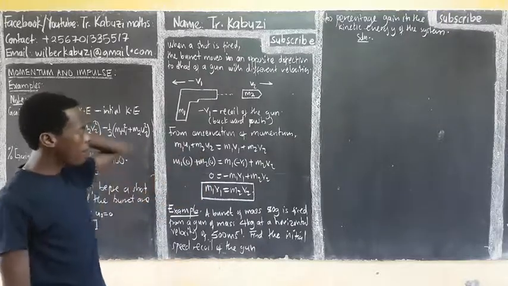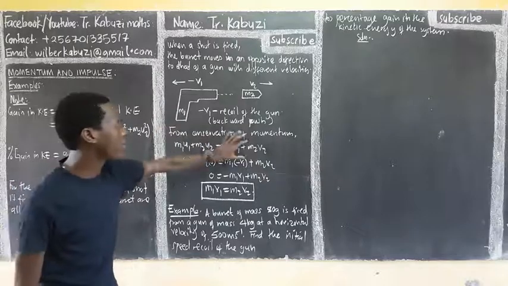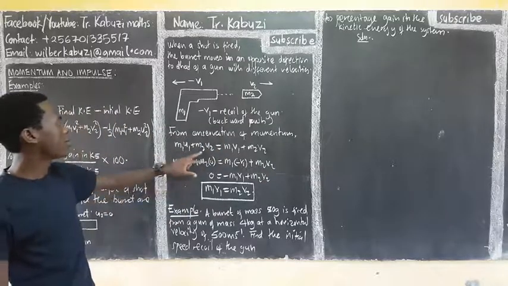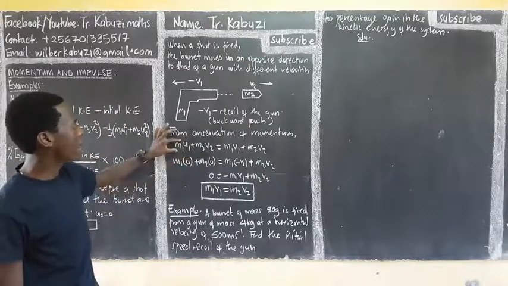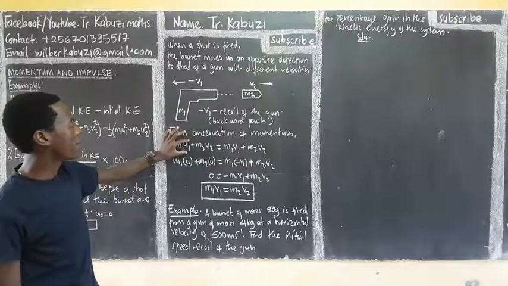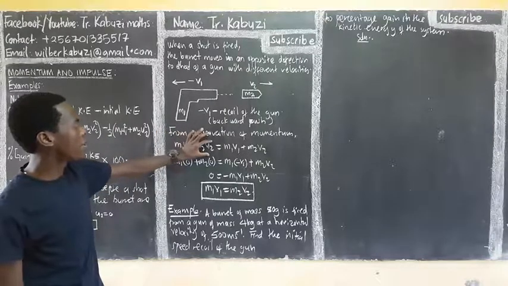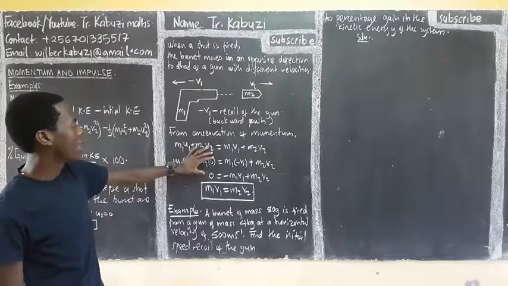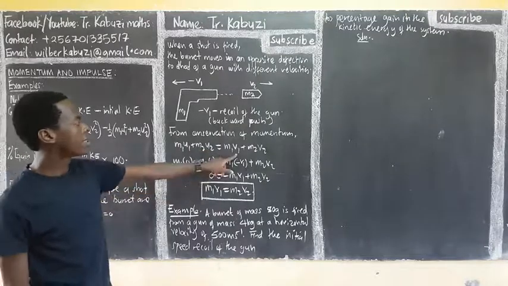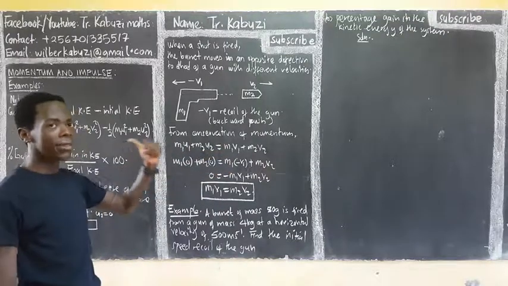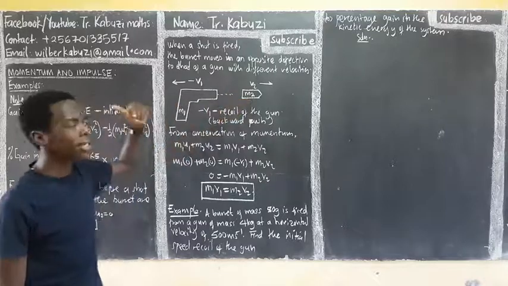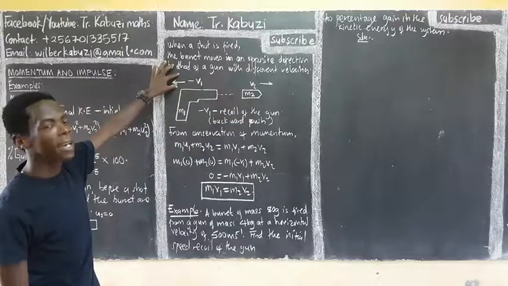From conservation of momentum, we know this is equal to this. And remember these two were all at rest. So the mass times the velocity of the gun, then the mass and the velocity of the blade, were all at rest. That's why we have 0. But the velocity of the gun, because it's going in the opposite direction of the blade, we give it a negative.